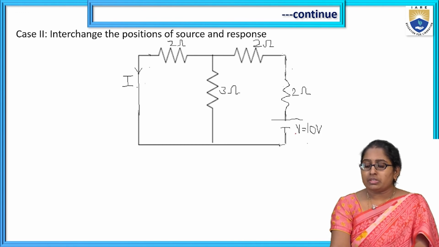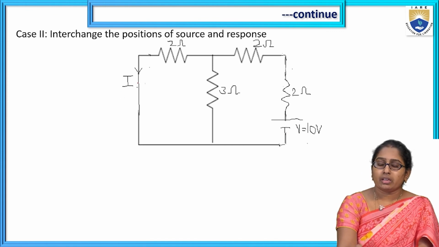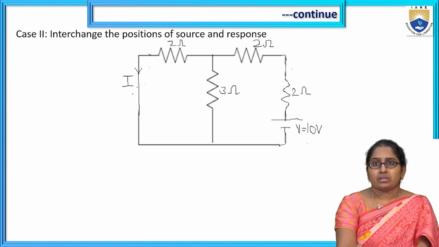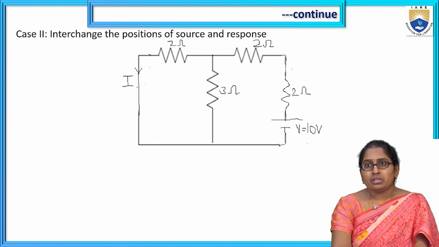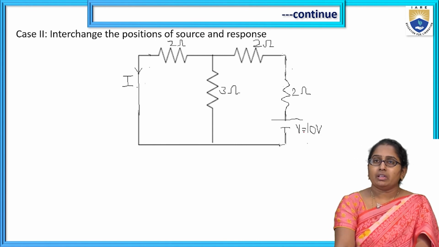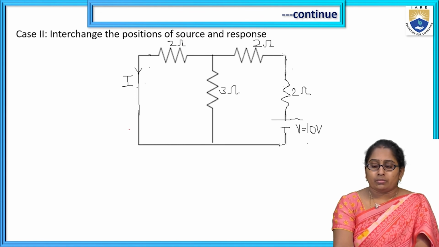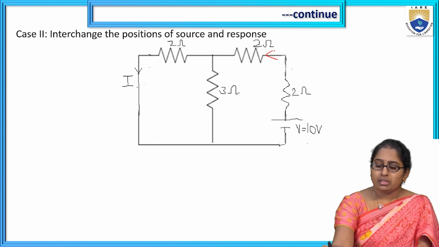So the 10 volts comes to this side, and the current I comes to the input place. So I is here, and there is no change in the position of the resistances. Only the input voltage has moved to this side, and we find the current in the source voltage place. Now how to find this I?